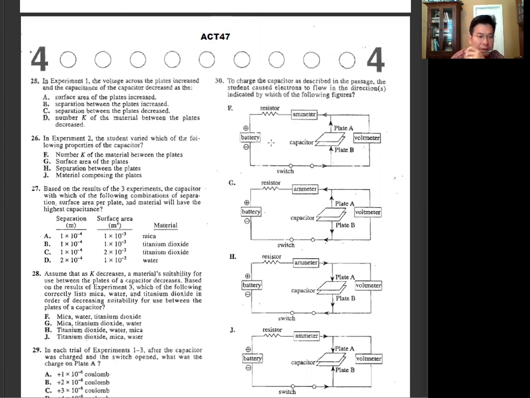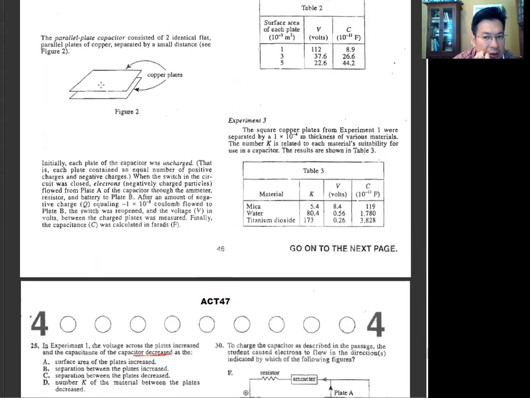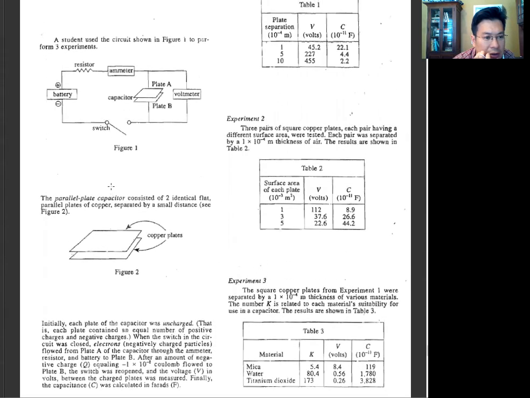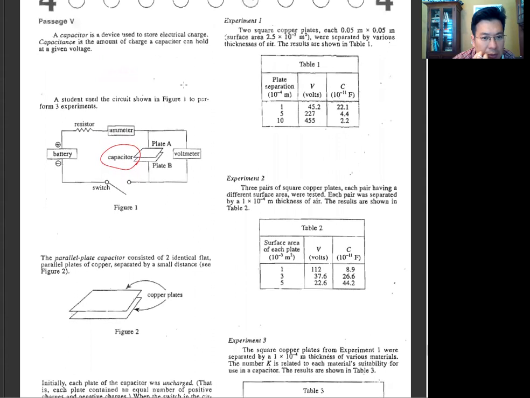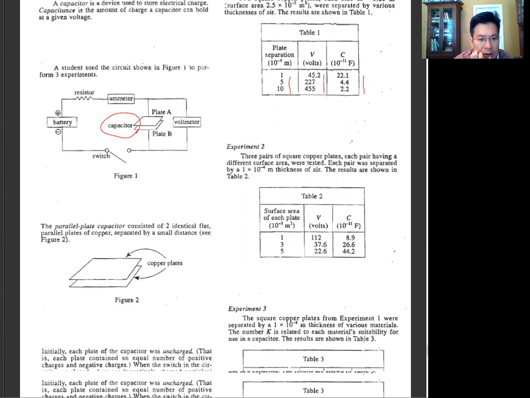In experiment 1, the voltage across the plate increased and the capacitance of the capacitor decreased as... So this one is decreased. Experiment 1, yeah. So C is probably decreased, voltage is increased, or plate separation increased.